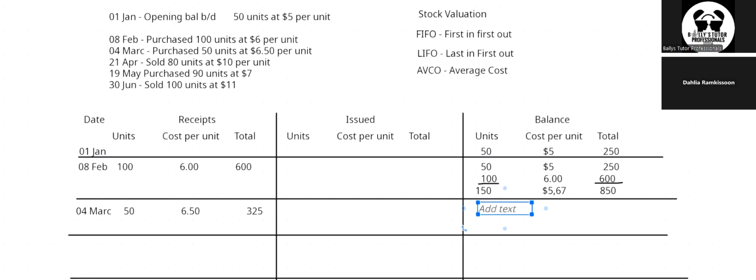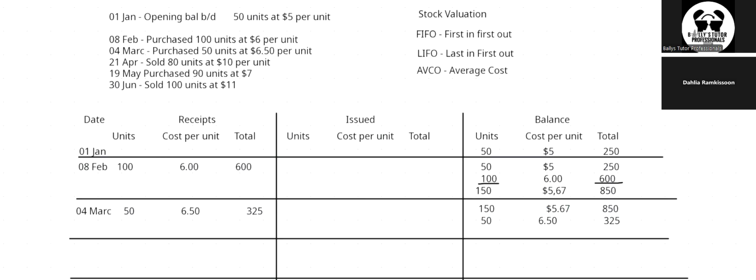And now I just bought 50 units at $6.50 each for 325. So I have to calculate a new average cost, which is my total cost divided by total units. So every time I purchase goods, a new set, I'm gonna have to do this.